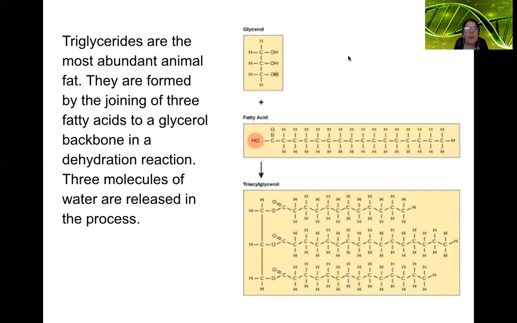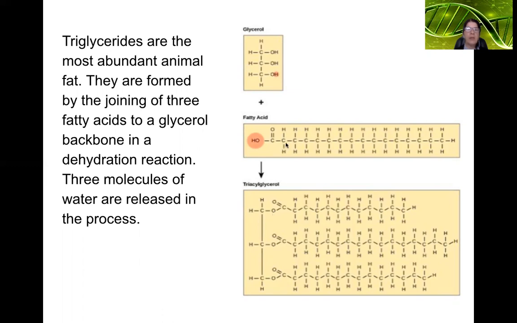So the glycerol is used as a backbone, and a dehydration reaction occurs, removing a hydrogen ion from each of the hydroxyl groups of glycerol, and the OH group from the carboxyl group of the fatty acid, and it forms an ester bond.